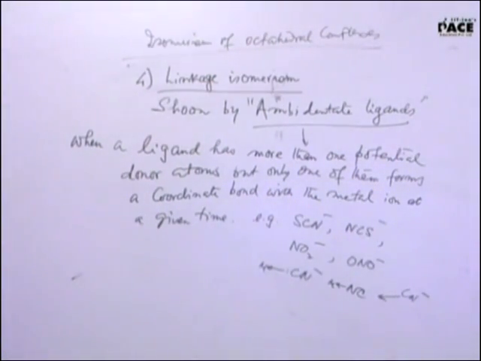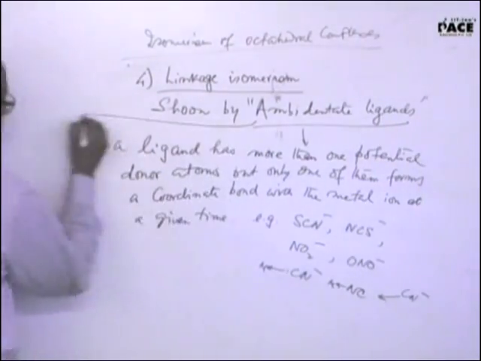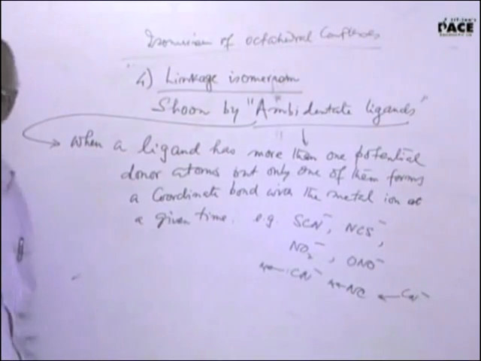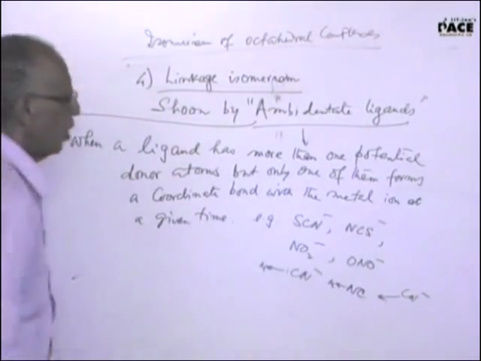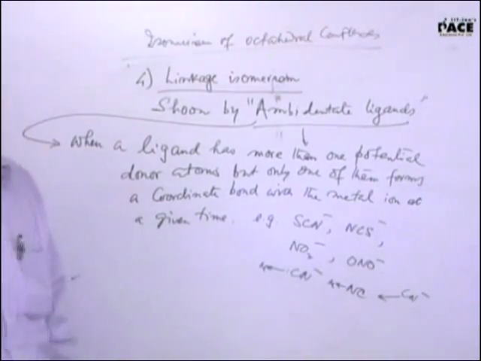An ambidentate ligand is defined as a ligand which has more than one potential donor atom, but only one of them forms a coordinate bond with the metal ion at any point of time.